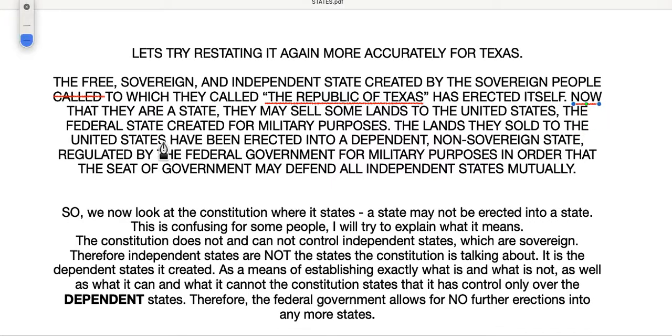Now that they are an independent state, they may sell some lands to the United States, the federal state created for military purposes.